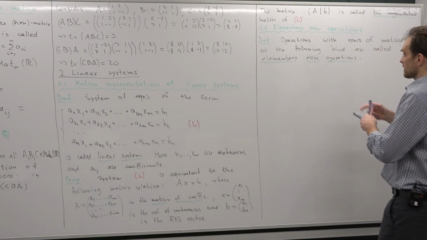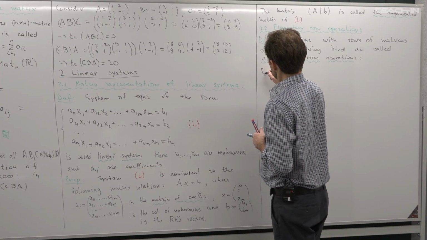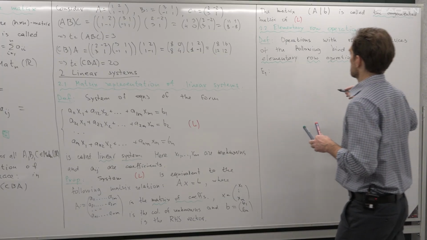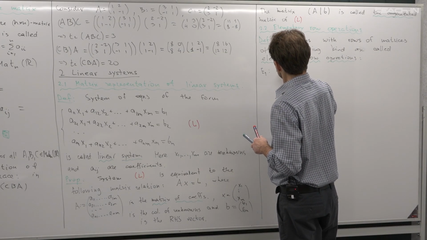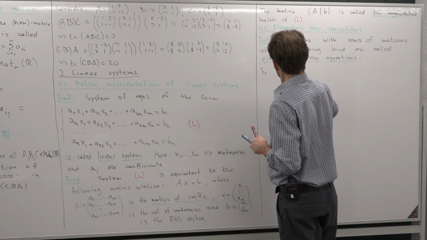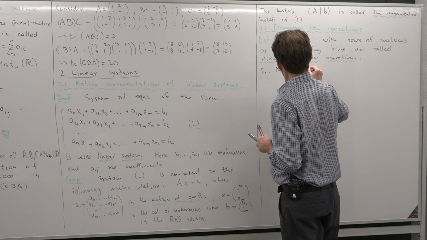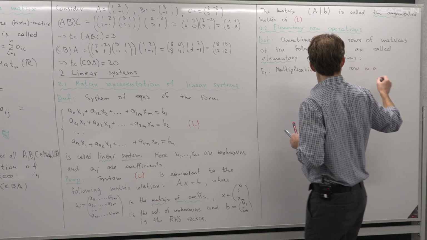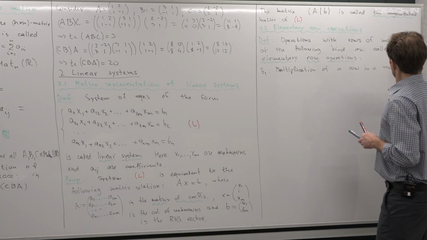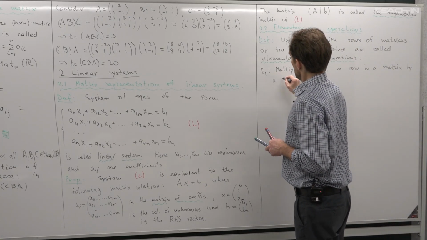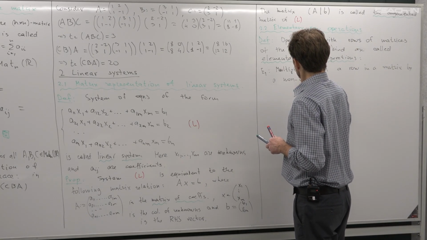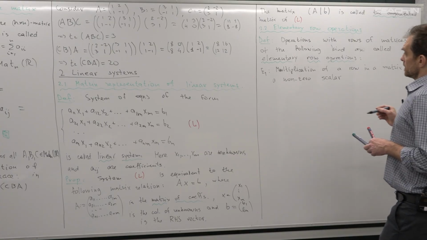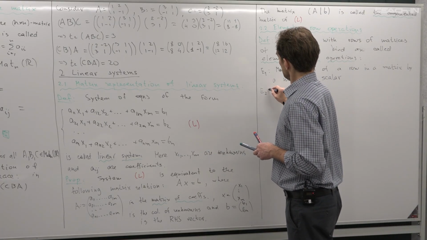We will have 3 of them. E1 would be multiplication of a row in a matrix by a non-zero constant, this is important. By a non-zero scalar. So this is one of the types of elementary row operations.